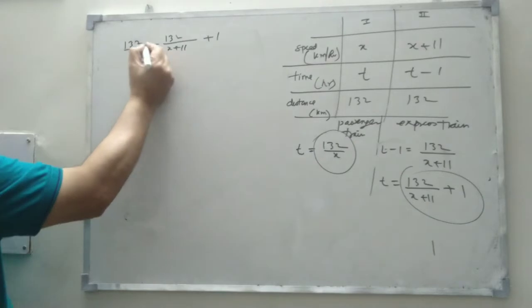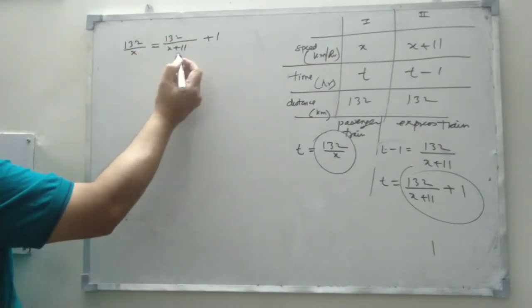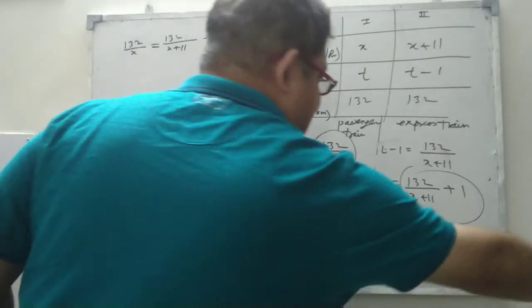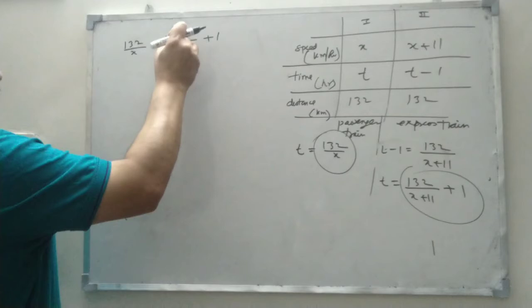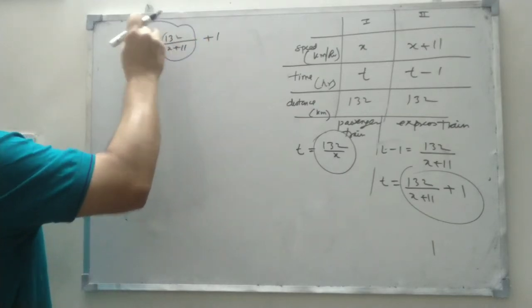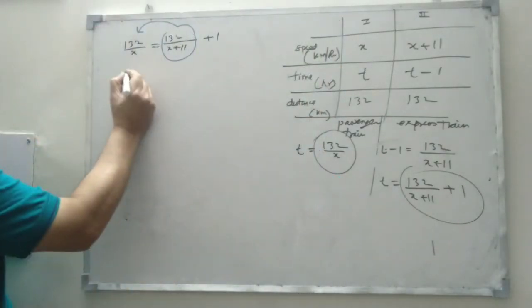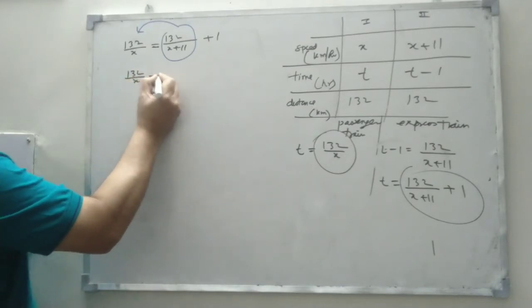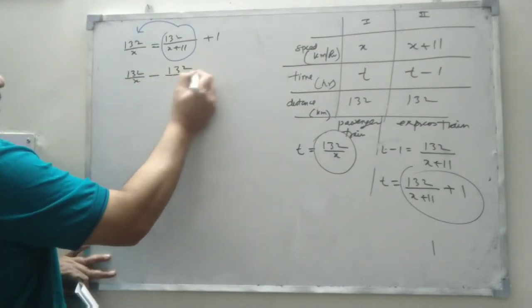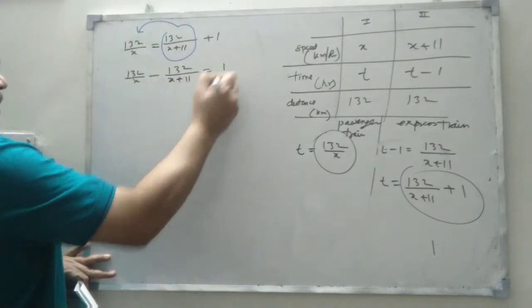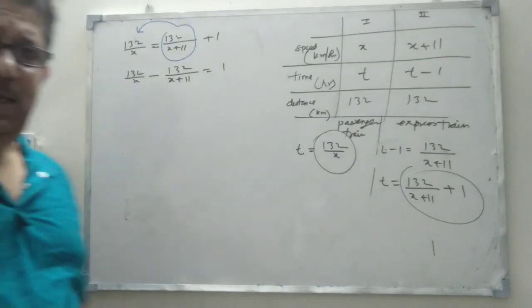Now, both terms containing x should be on the same side. So what I do is, I take this on the other side. 132 by x minus 132 over x plus 11 equal to 1. That's what I get.